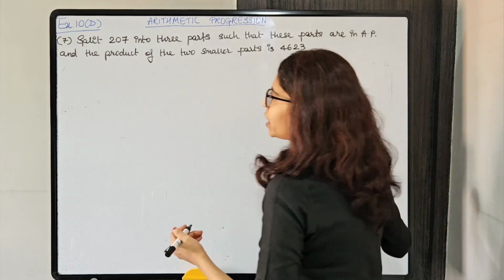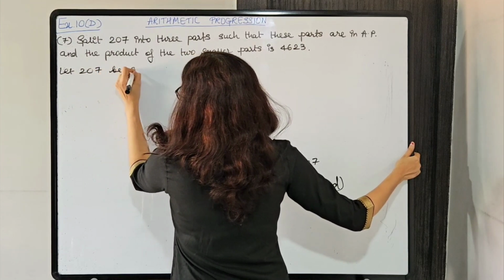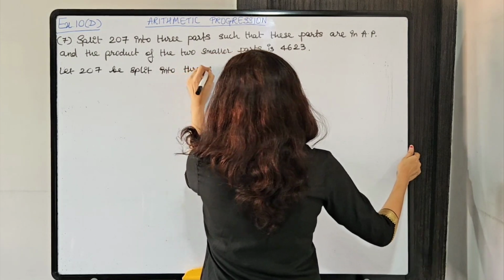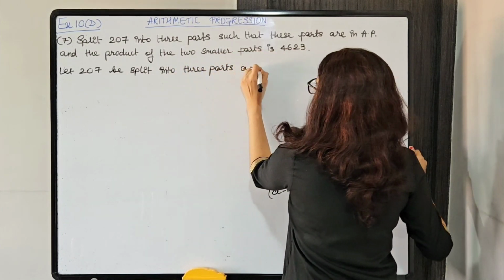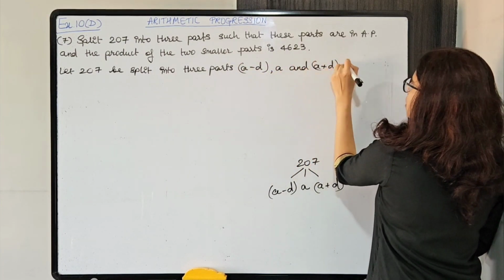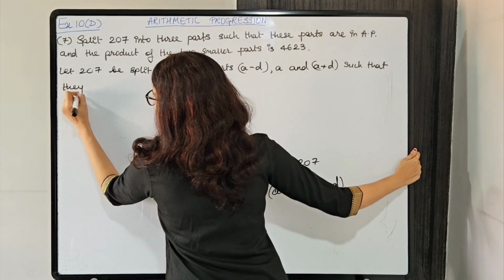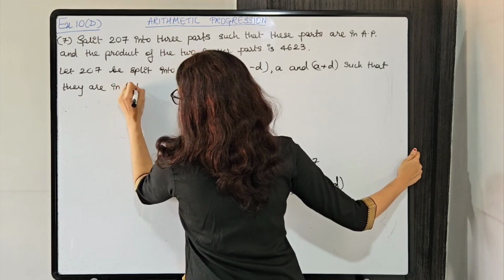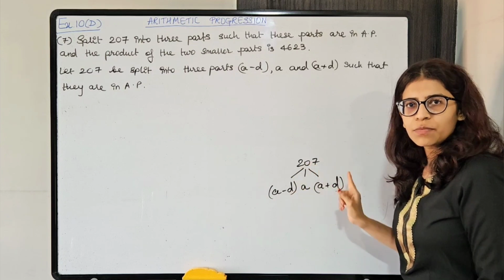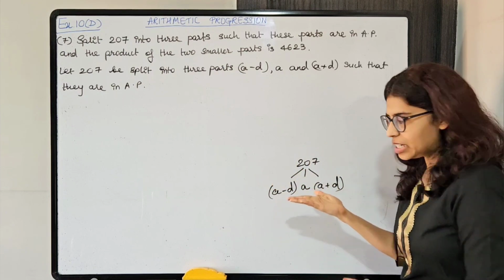Okay, so let's write down the statement. Let 207 be split into 3 parts, A minus D, A and A plus D, such that they are in AP. Now 207 को 3 numbers में split किया है, तो ये तीनों numbers को add करके मुझे वापस 207 मिलेगा, right?